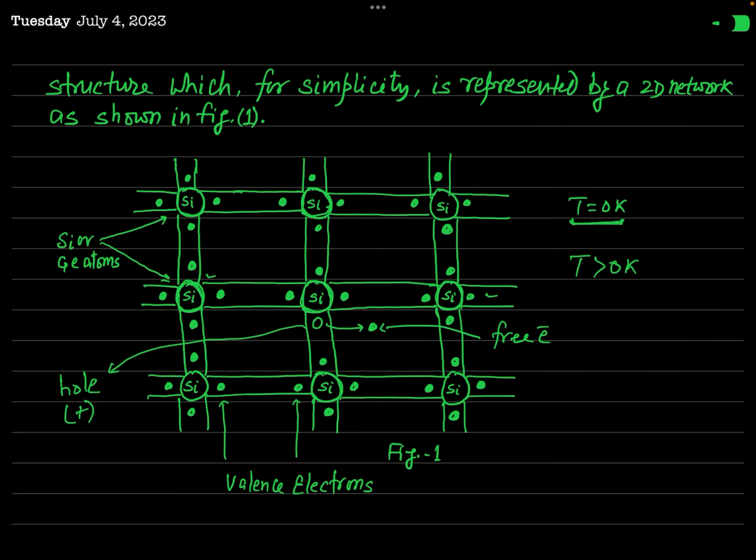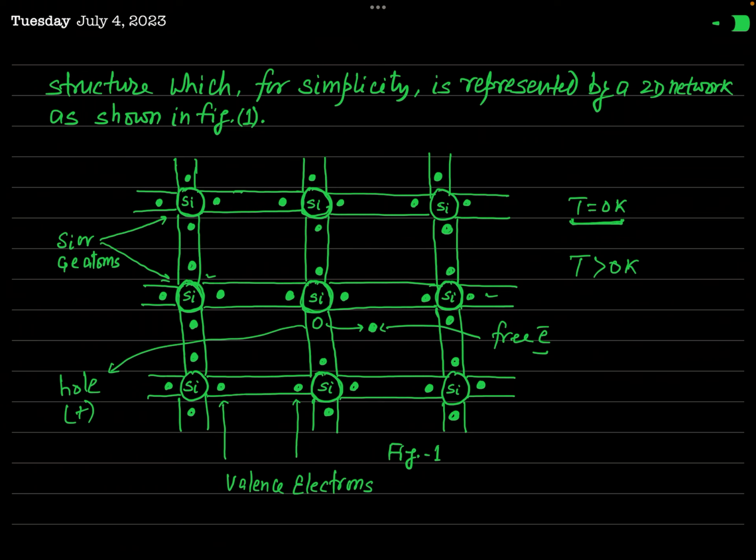Quantum mechanics says there is a probability of breaking of bonds, and that probability may be different for different bonds. So if you consider that this electron is detached, it becomes free from the attraction of the ion core of the parent atom and moves inside the crystal randomly. So this free electron moves randomly inside the crystal.